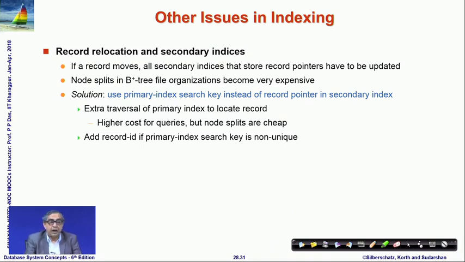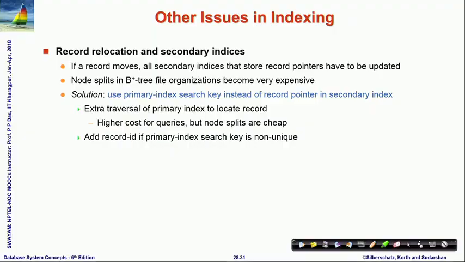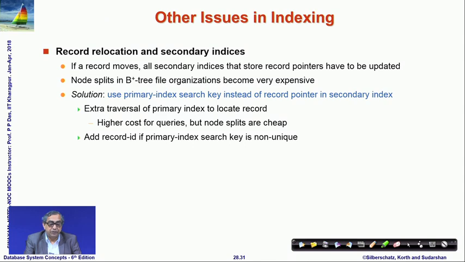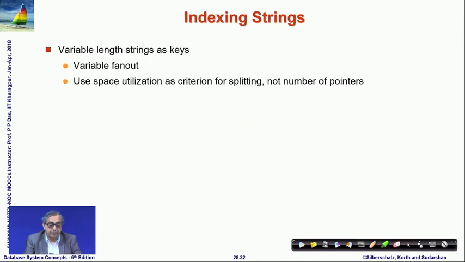So, when in the secondary index you find the entry, you do not get a pointer directly to the record, but you get the search key through which you can use the primary index and actually go to the record. But with that you get rid of the requirement of maintaining different secondary index structures and getting into several record relocation problems.